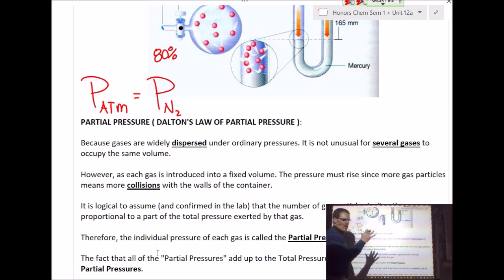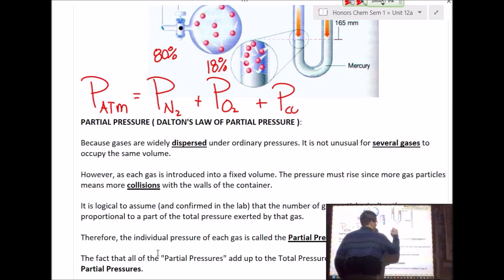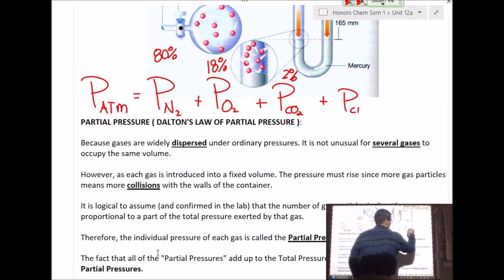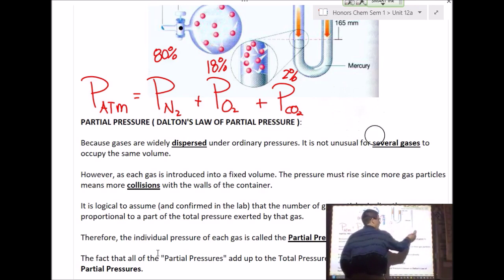It's probably a little less than that, but close. The next one is oxygen, thank goodness, around 18%. And the last one, carbon dioxide, around 2%. If you're over by Cade, there might be a little methane, but we're not going to consider that.